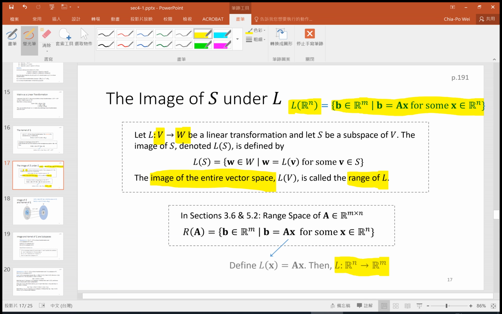If we compare the definition of L of S and the definition of L of R^n, we know that W corresponds to R^m, L of V corresponds to Ax, and the subspace S corresponds to V, which is R^n. Therefore, the range of L is exactly the same as the range space of A.